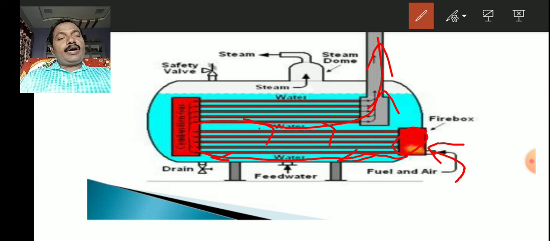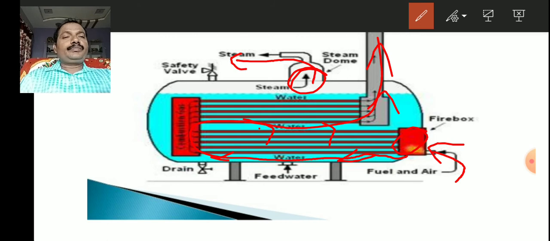Hence, the water is boiled. Once it is boiling, hot steam is produced here. This is the steam dome. This steam is directed towards the turbine after superheating. So this is the construction and working of fire tube boilers.